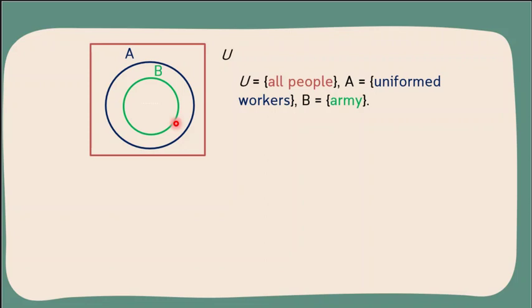This is how the Venn diagram can make a concept look really simple. So this illustration is what all the information we have here is all about. Uniformed workers is a subset of all workers, and army workers is also a subset of uniformed workers.